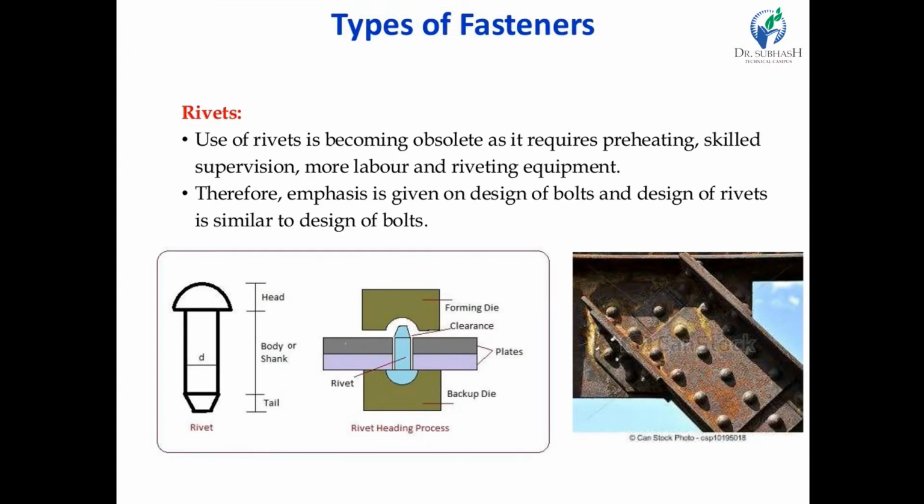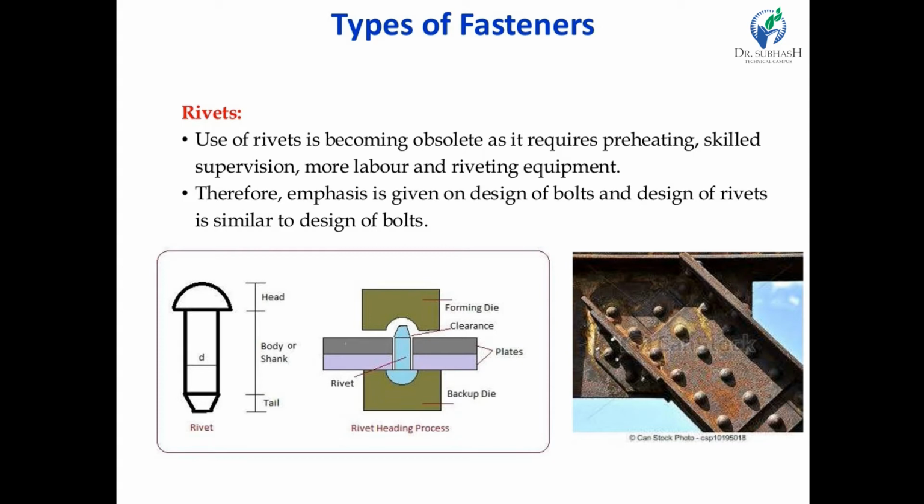Next, fasteners. Fastener means the connection type you can use for two plates or any members. First, riveted connection. The use of rivets has become obsolete because of the requirement of preheating, skilled supervision, more labor and riveting equipment.